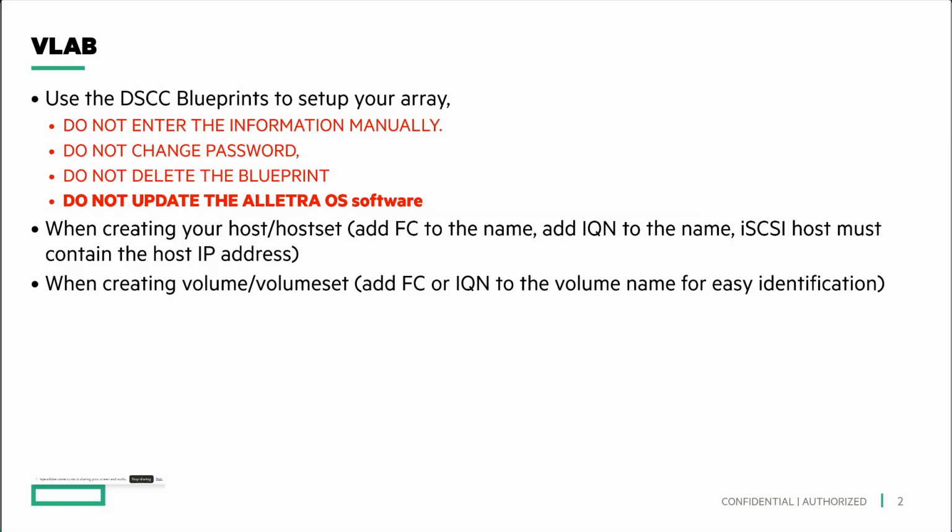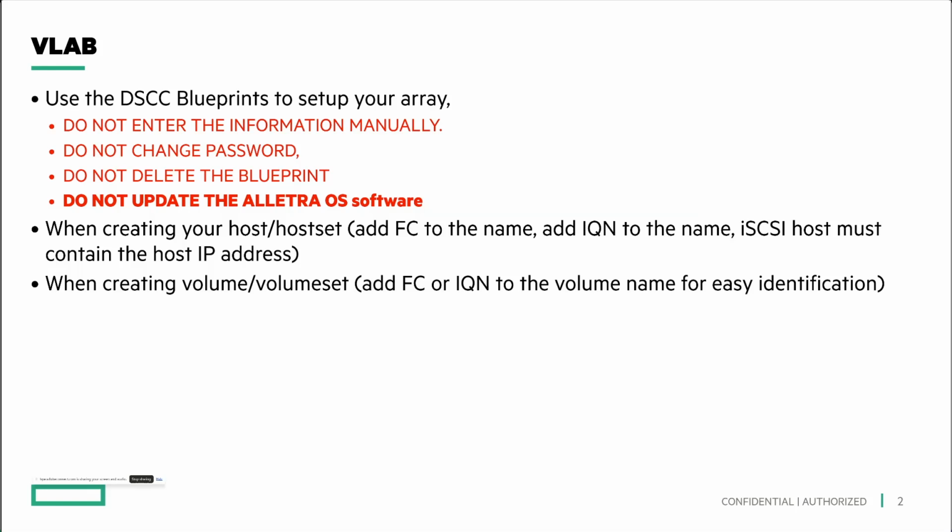So the problem if you want to do both, Fiber Channel plus iSCSI: when you set up the host name, the host set name, the volume name or the volume set name, the name in the DSCC cannot be the same, but the connection is different, right?